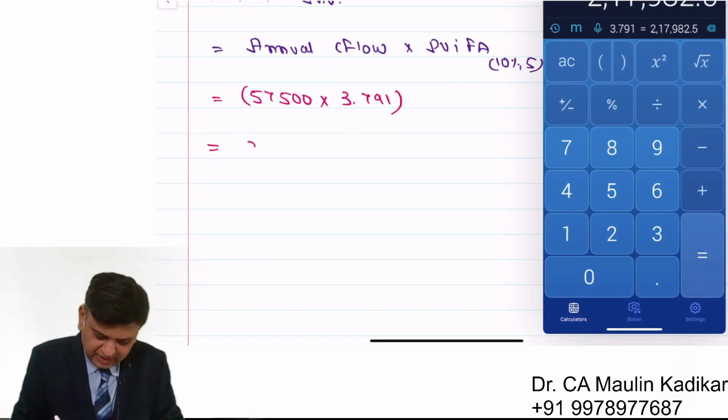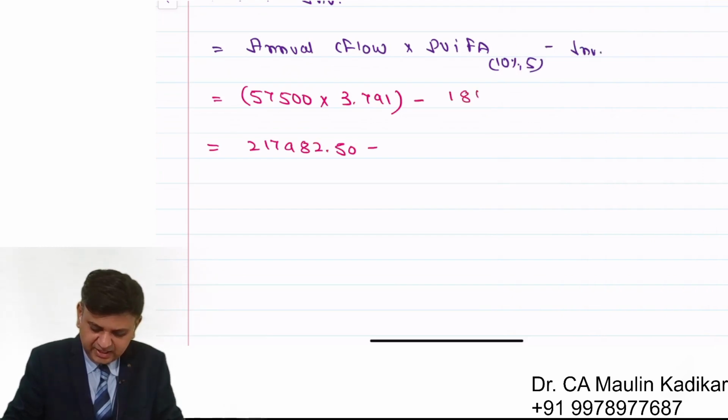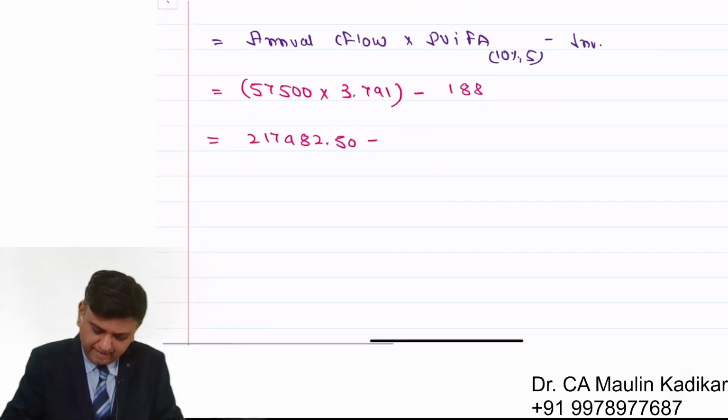So it is 2,17,982.5 minus the amount of the investment is 1,88,255.